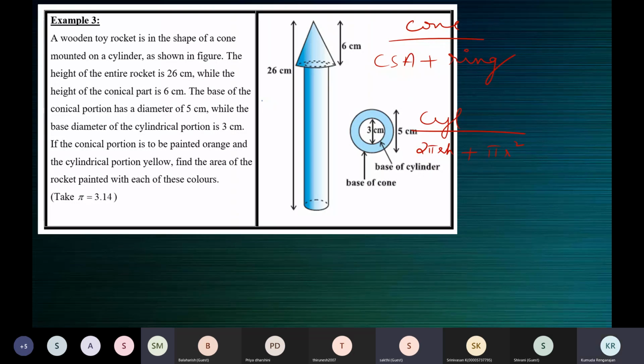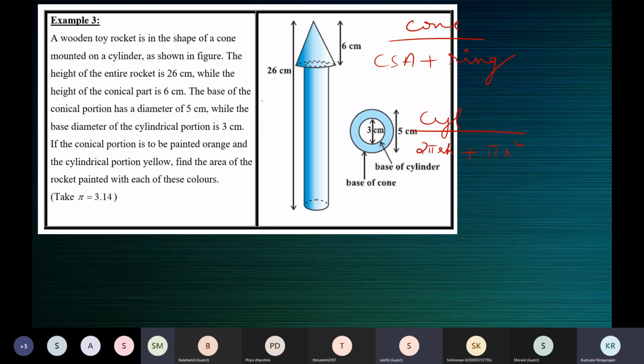You cannot see the top circle of the cylinder in the rocket. What you can see is 2 pi RH, that is the CSA. And you can also see the area of the base, pi R square. Area of the top you cannot see. CSA plus area of the base plus area of top is the total surface area.